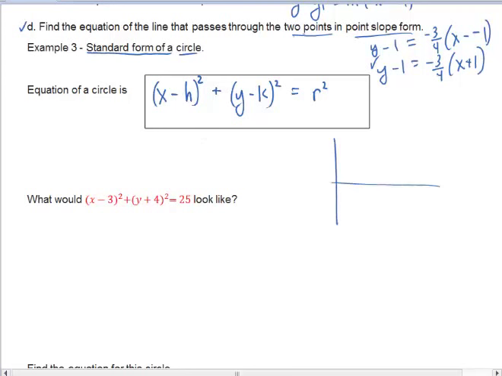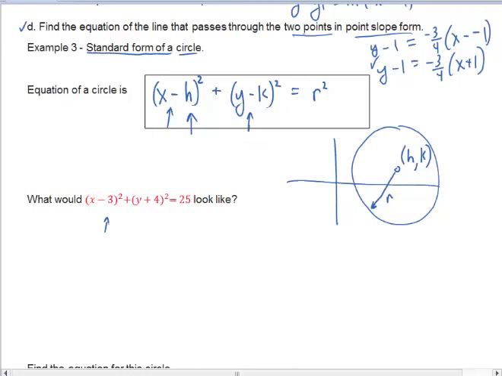The circle, wherever it's located, has a coordinate for its center, and the center is always at the h value comma the k value, and the radius would be the value to the outside edge of the circle. So if you look at this equation here, remember that it's minus h and minus k.